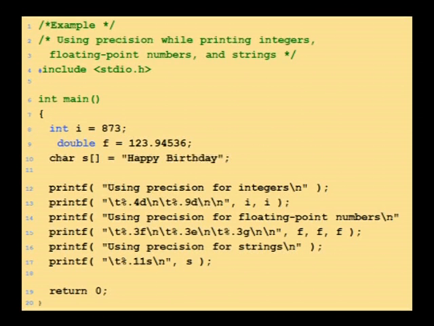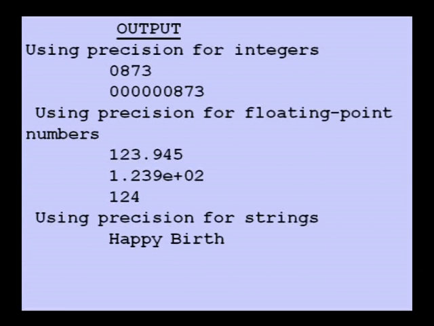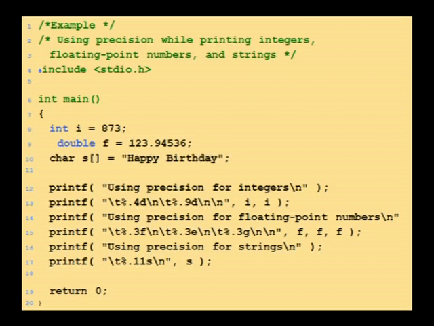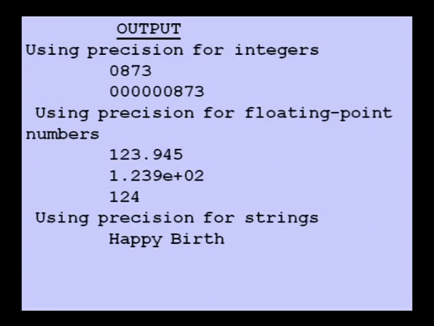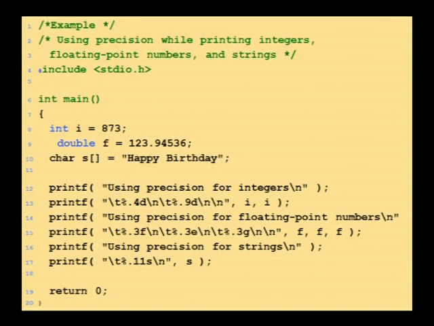Similarly 0.3e, you want to display in exponential format with 3 digits, 1.239 e+02. If you want 4 digits, you can specify 0.4 there. Then 0.3g, yes, it's 124, it is going to round off to the nearest value, 124 there. Yes, that is what you can use.